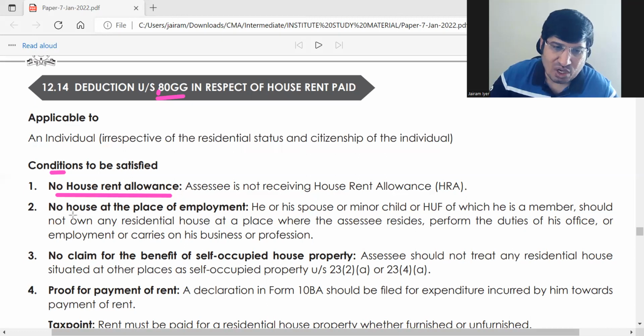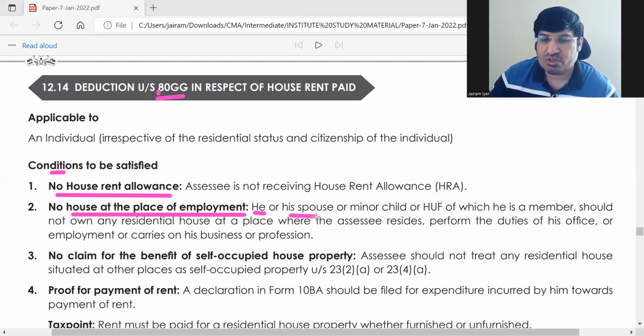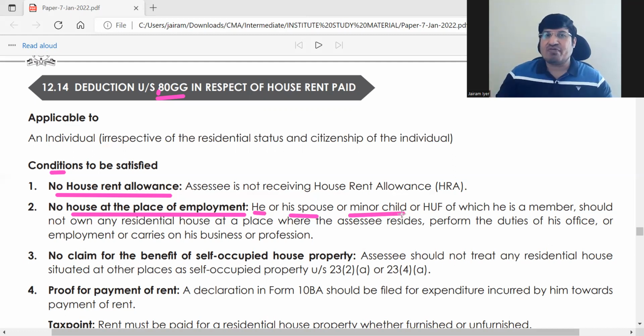Then, no house at the place of employment. Wherever his place of employment is, and employment can be business also, there he should not have any house. That includes a house belonging to him, his spouse or minor child. Some people buy a house in the name of their spouse or their child.